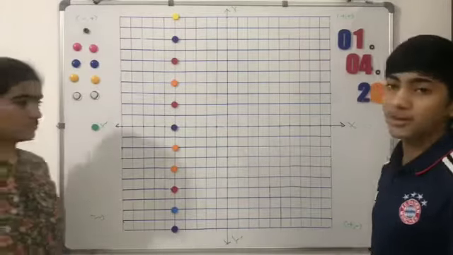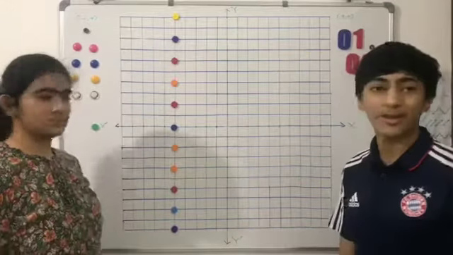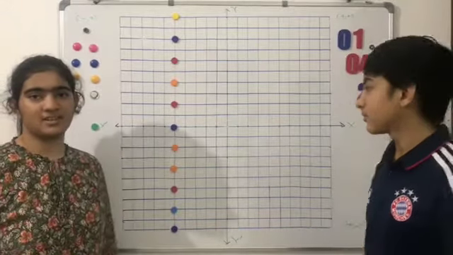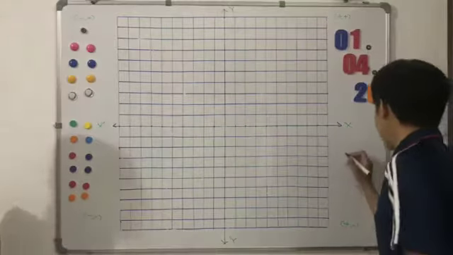When we join the points with a line, we can see that this line is parallel to the y-axis and perpendicular to the x-axis.